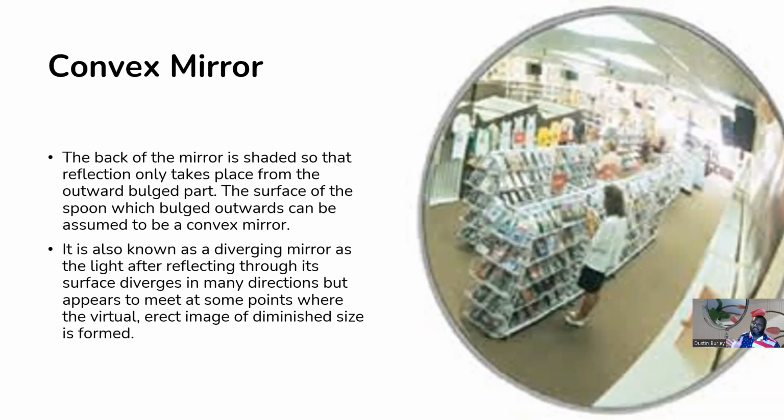But it looks like it is closer than what it actually is. You can actually have 1 to 2 feet in between whatever that object is because it looks closer. That's what a convex mirror does. And they also use them in stores.